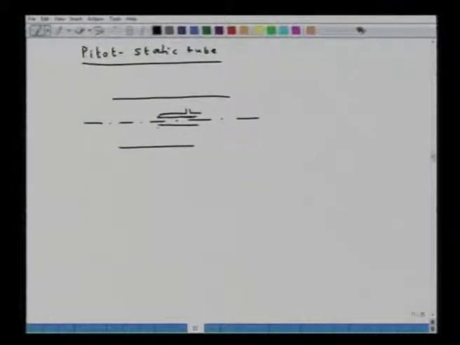This goes to the manometer, and this is the second point.